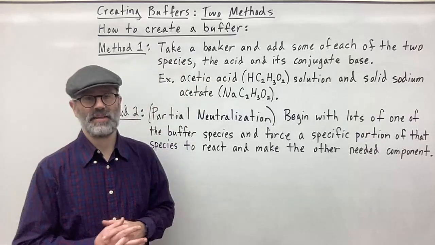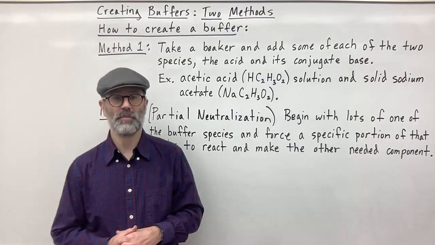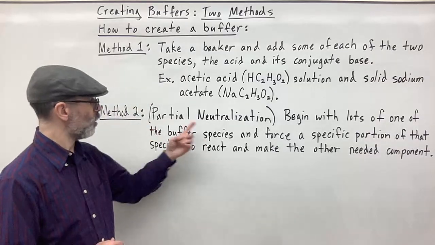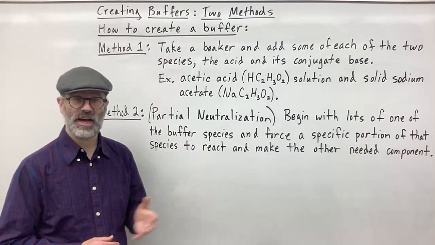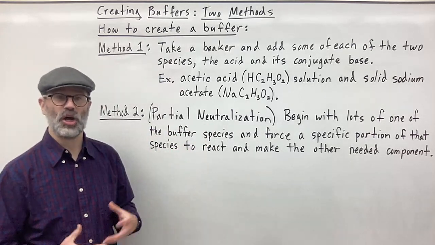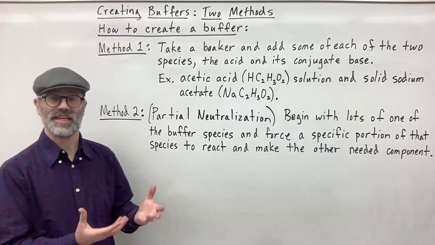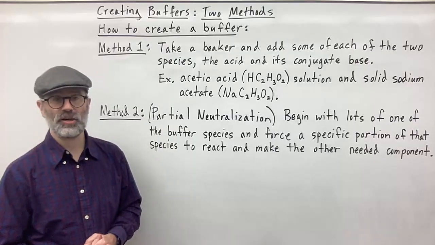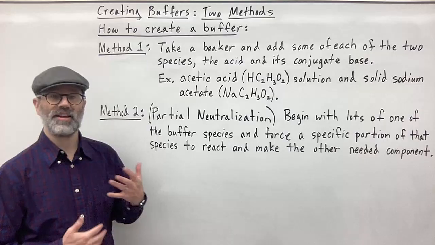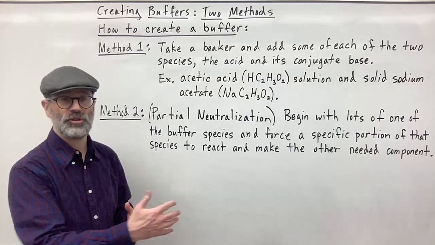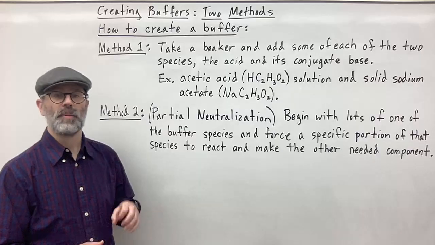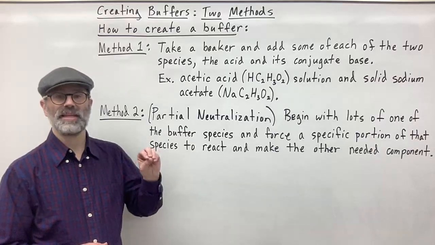The second method that you can use to create your buffer is known as the partial neutralization method. And as the name suggests, basically what you do is you start with only one species in your container, and then you cause that species to react in some way in order to produce the other species. But you're going to react it with a specific amount.